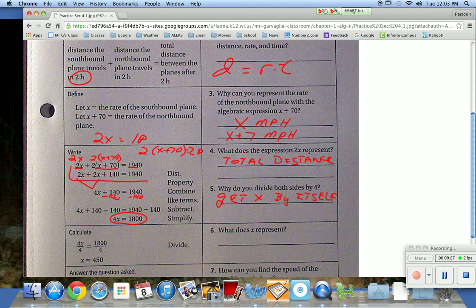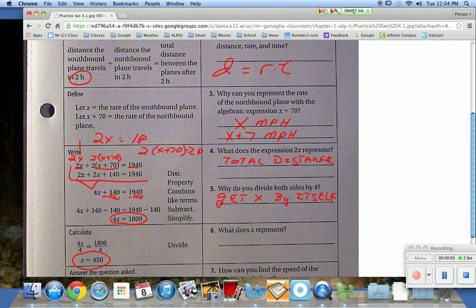And what would our x end up being? 450. What does this represent? What does 450 represent in this case? Reese. There you go. It's the speed of my first plane, right? How fast is my second plane going? 70 plus 450, right?